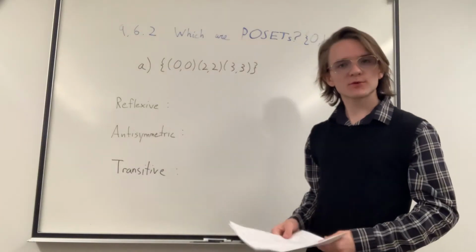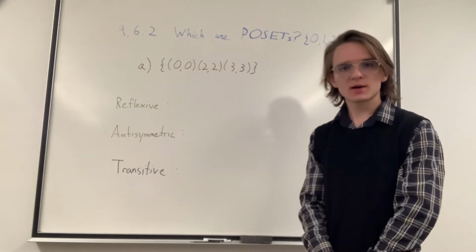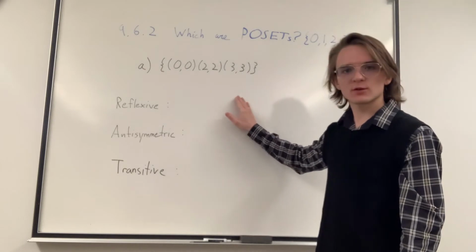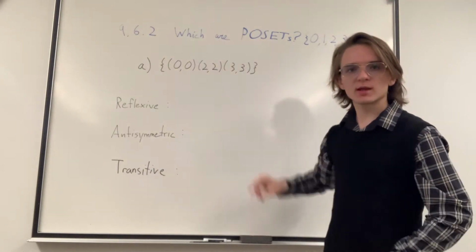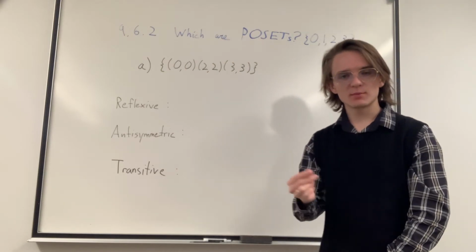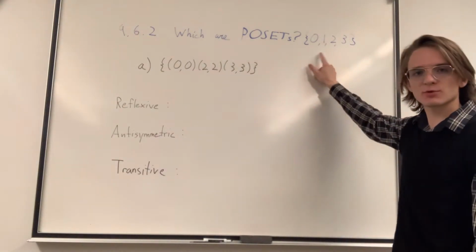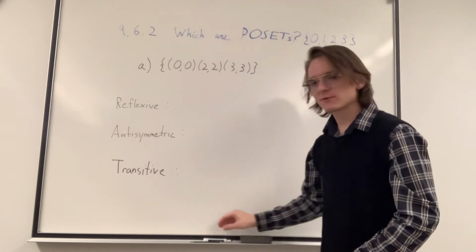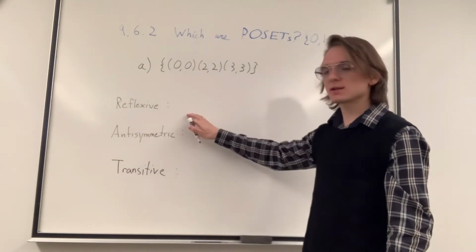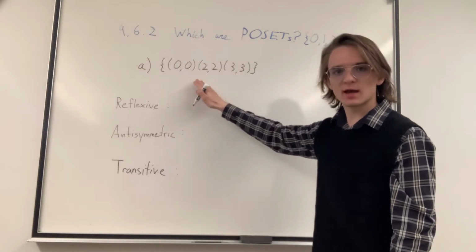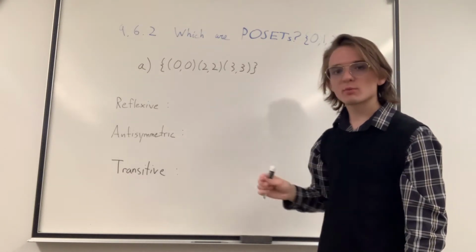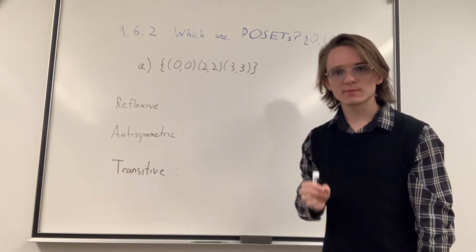Let's begin with the first problem, which are posits. All right, so we're given the following relation, (0,0), (2,2), and (3,3), and we know the set of numbers or elements is 0 through 3. So first we determine whether it is reflexive, and clearly it's not. We have (0,0), we have (2,2), we have (3,3), but we do not have (1,1), right?